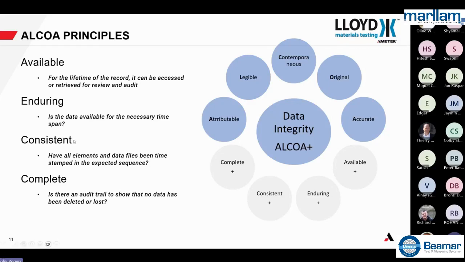Consistent is a critical one: have all the elements and data files been stamped in the expected sequence? And complete is to make sure that there's an audit trail that shows that no data has been deleted or lost. So once we've captured all this data, we've got to make sure that that data is unable to be deleted, cannot be changed.